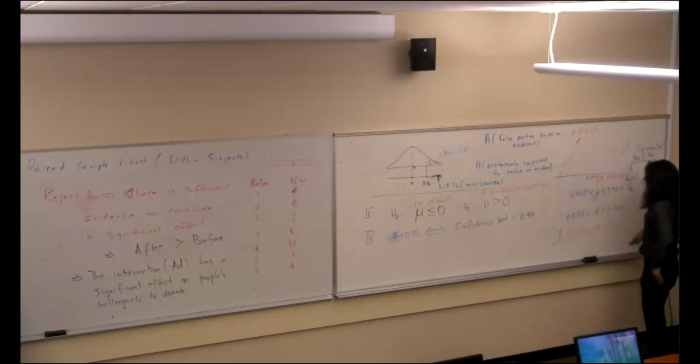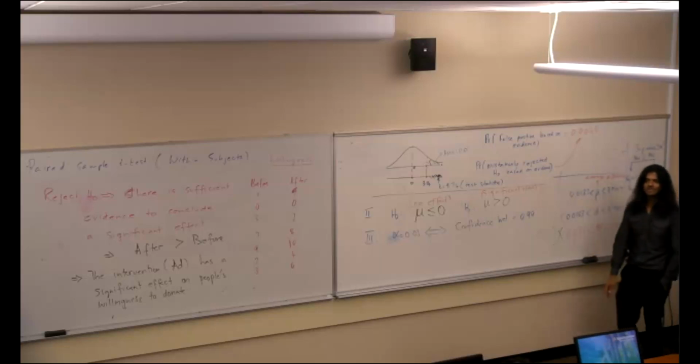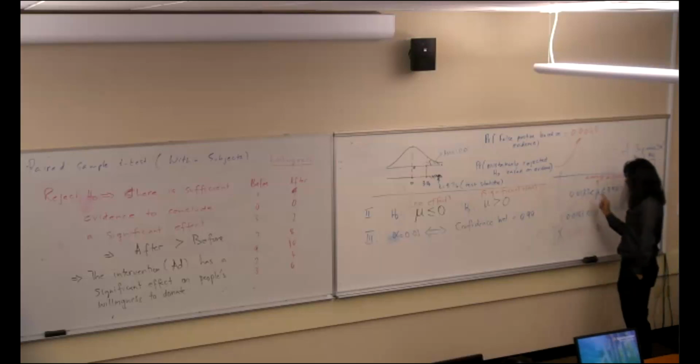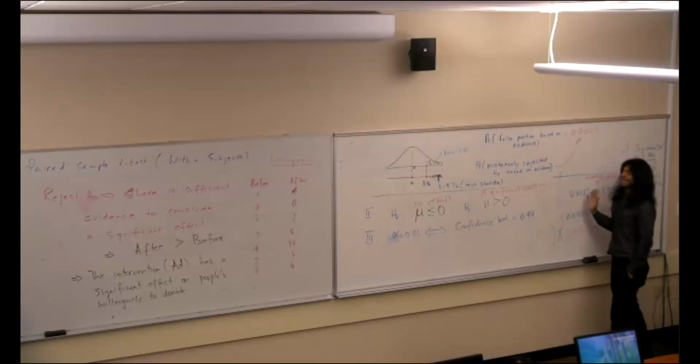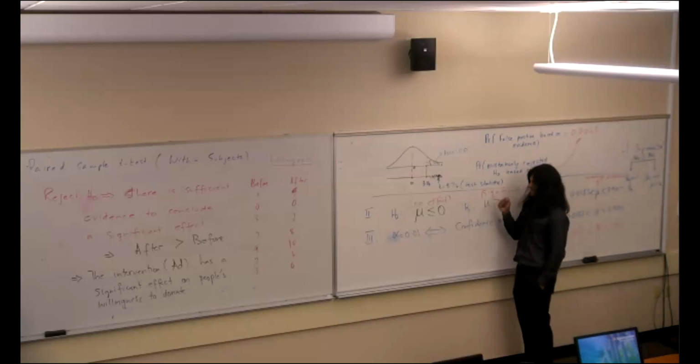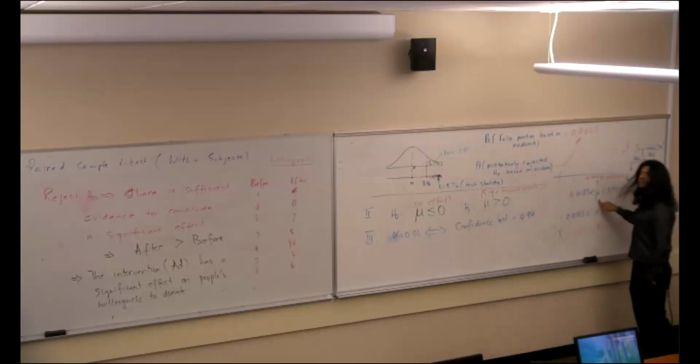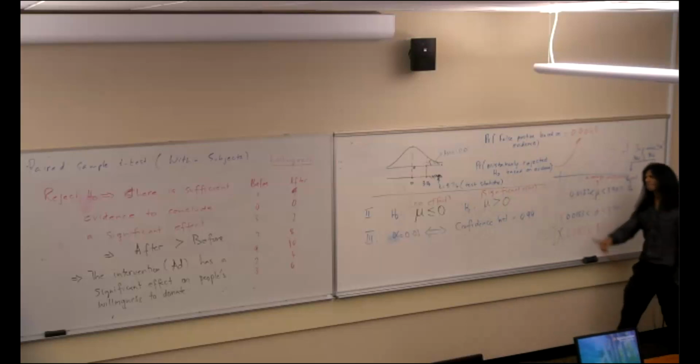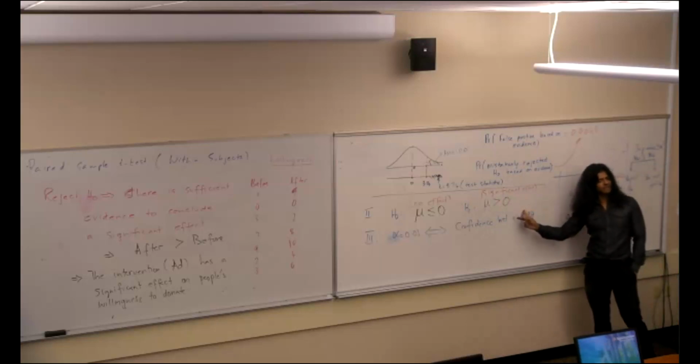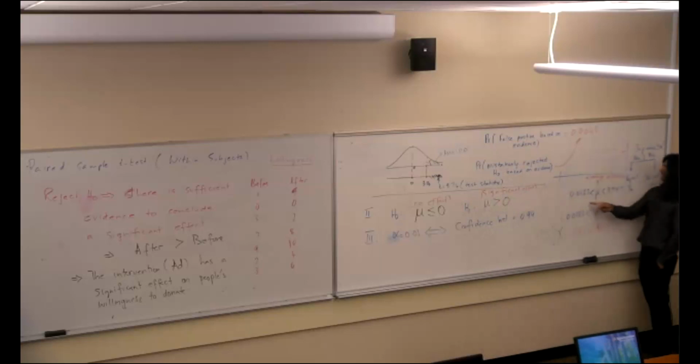Yeah. Could it equal 0? No, it can't equal 0 because the lowest value is 0.0183. 0 doesn't fall here. So you are 99% confident that 0 is not a possible value, which means it's definitely bigger than 0. All the values are bigger than 0. Good.